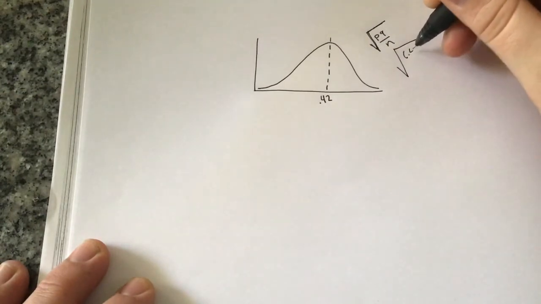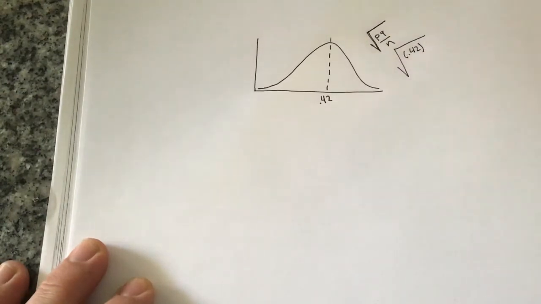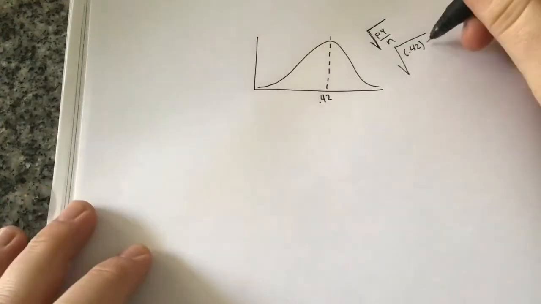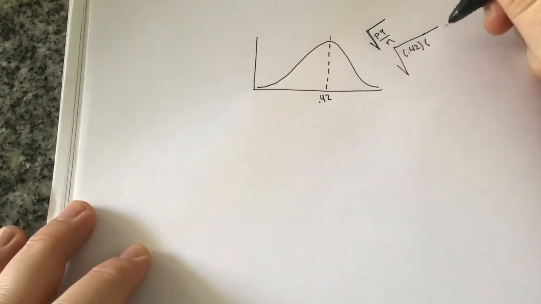Q is the proportion of failures, quote unquote, meaning in this case, anything that's not type A blood. If a person comes in with B, AB, O, whatever it might be, that's not what we're looking for. We're looking for type A. So the opposite proportion is our Q value.